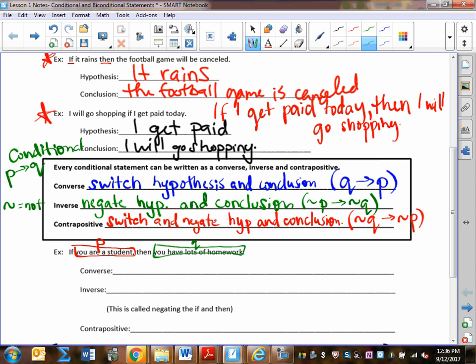So again, converse, switch, inverse, negate, contrapositive, both. Once you get your answers, go ahead and compare with someone nearby you.